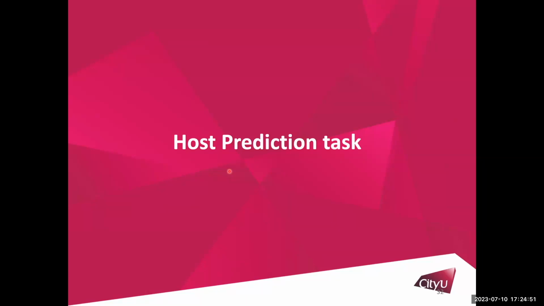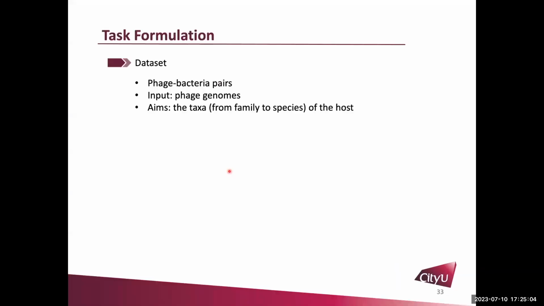In the second application, the host prediction task, we will show interesting findings that may contradict our consensus. The dataset used in the host prediction contains phage-bacteria pairs. Each pair represents a real infection, and the aim of the task is to predict the host for the input phages.